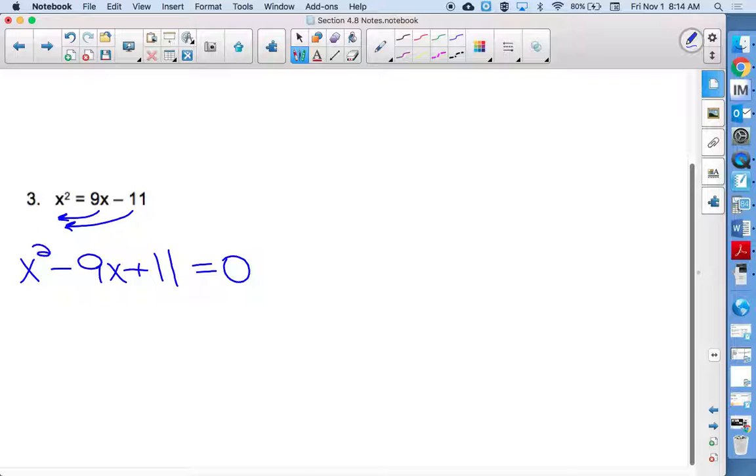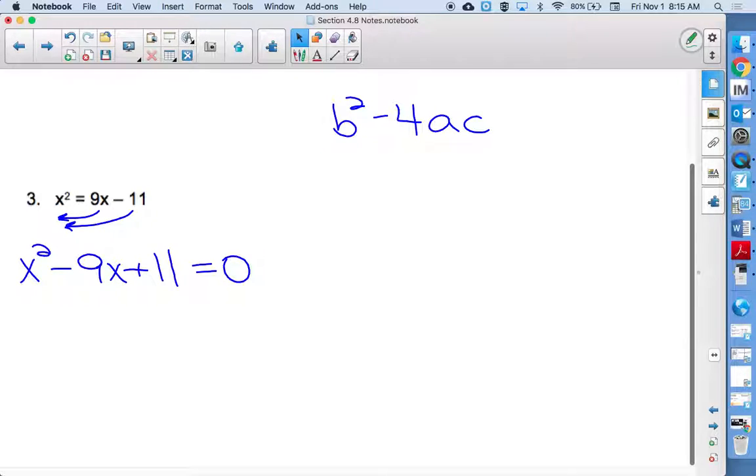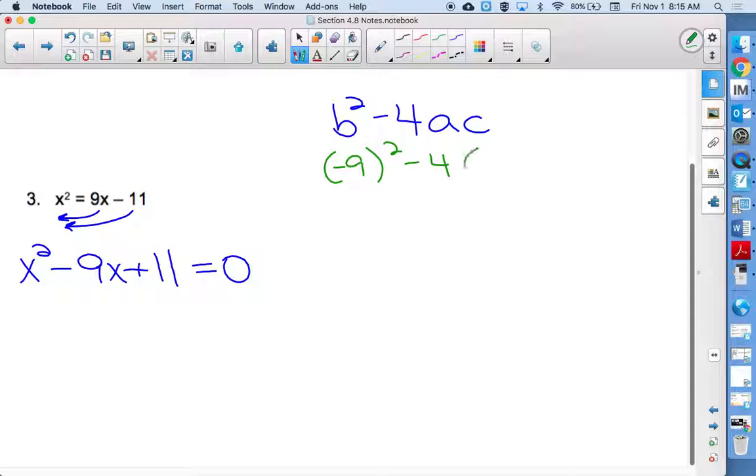So Josh, the first part is the discriminant. What would we plug in for the discriminant, Josh? So this gives us 81 minus, which is 37.